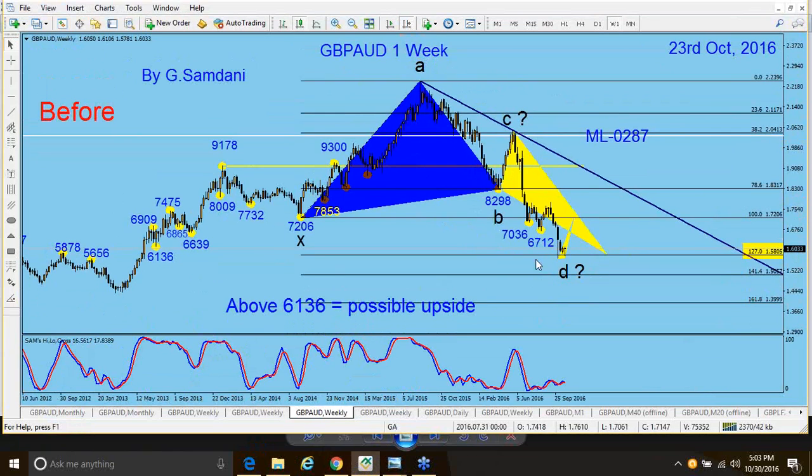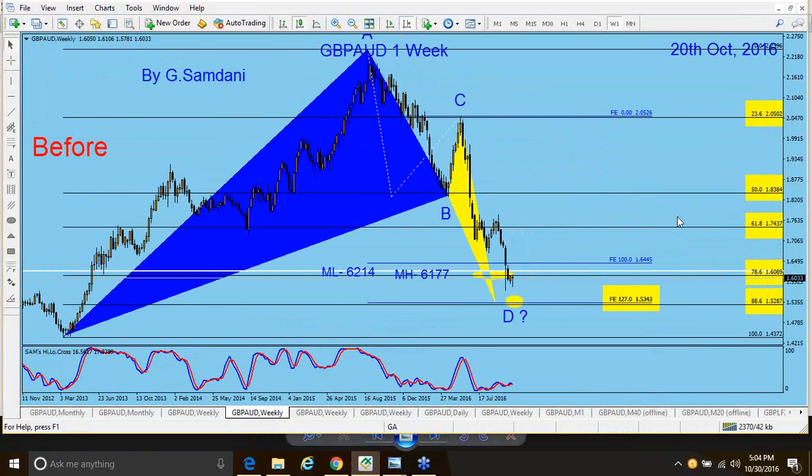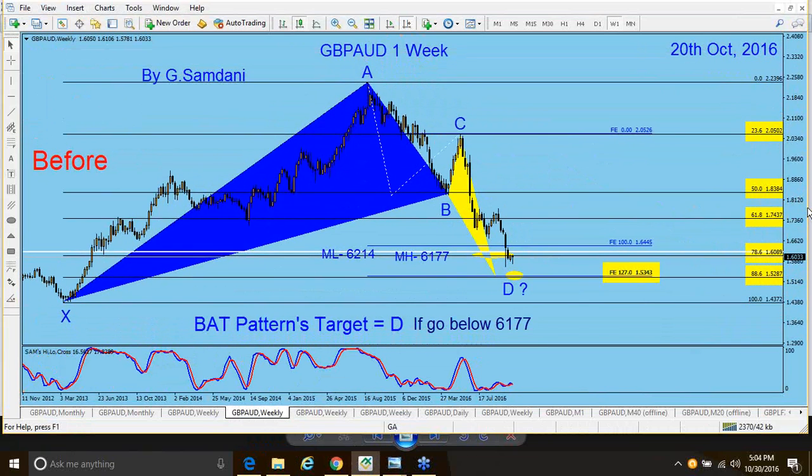Right now, another chart that I'm working on is the other one, which is this, and this one is showing some more downside. This is a calculation of a bat pattern.